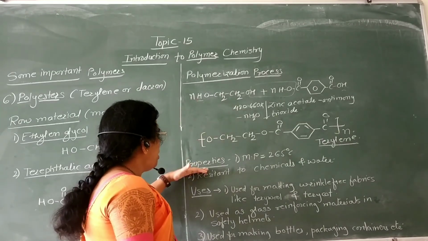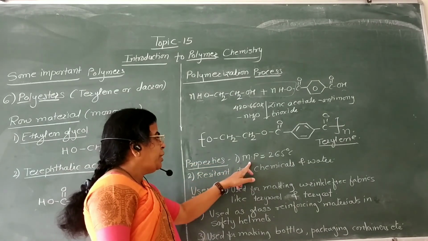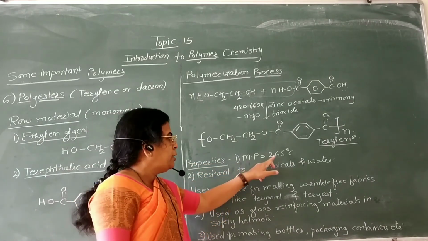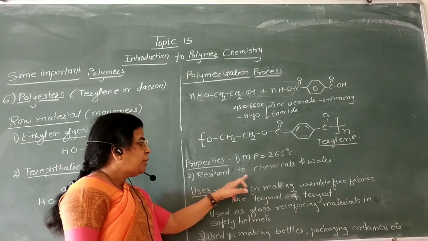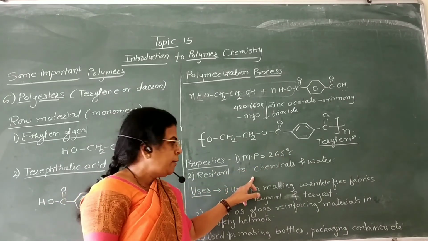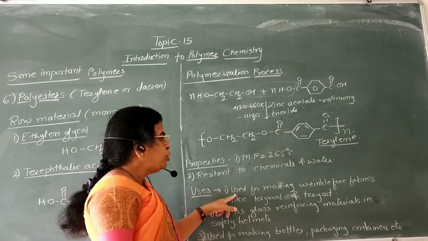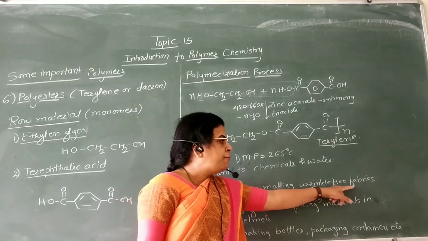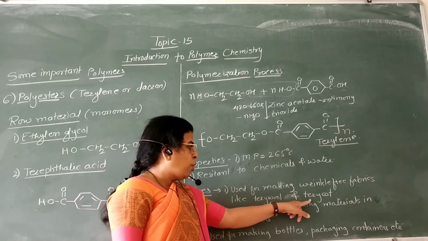Now we are going to see the properties of terylene. The melting point of terylene is very high, that is 265 degrees Celsius. It is resistant to chemicals and water. Now the uses: it is used for making wrinkle-free fabrics like terry wool and terry cotton.